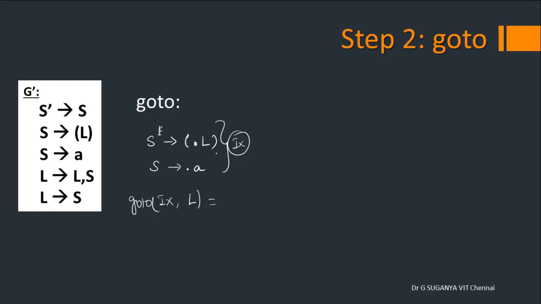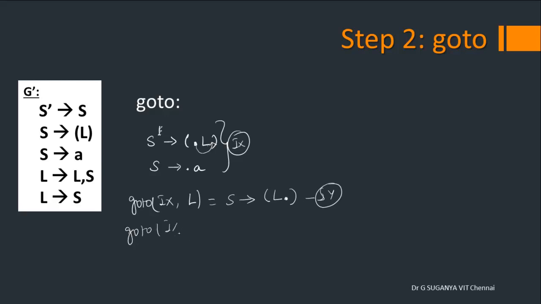When I complete expanding this L, where should this dot move? It should move on to the next position, so it will look like S gives (L.). This L we have expanded, that's the meaning of goto: move the dot to the next position, past the symbol. In no other items do we have a dot followed by L, so you can stop with this and name it some other state, Iy.